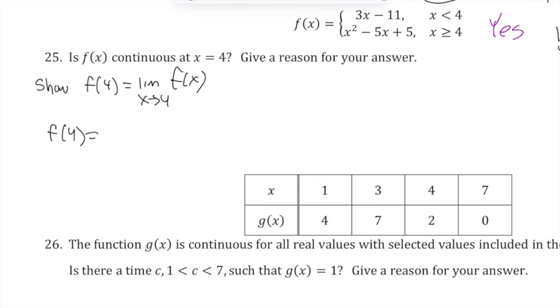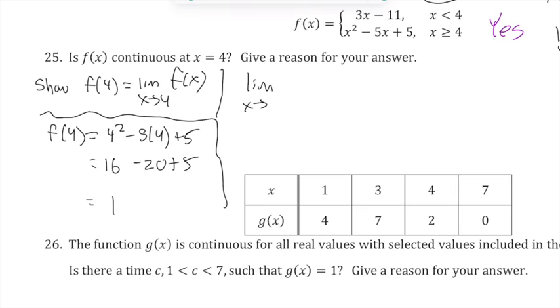It's the easy one. We're going to use this bottom equation. It's going to be 4 squared minus 5 times 4 plus 5. And that's going to give me 16 minus 20 plus 5, and that's going to give me 1. So now we just got to show that the limit equals 1.